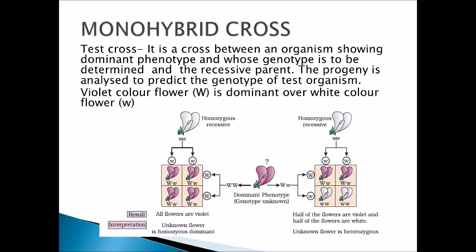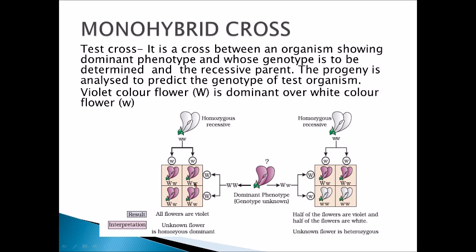The gametes formed by these are shown here. The homozygous recessive will form gametes which will be of the same type, that is small w, and this, if it is homozygous, then it will produce both the same, that is capital W. And 4 different combinations we get. One is capital W, small w, this combination. Then this and this gamete will again give heterozygous, that is one capital, one small.